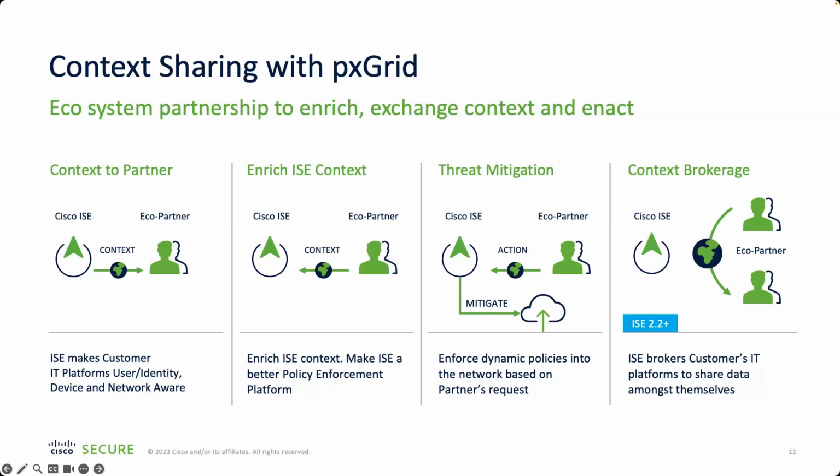On this slide, we have scenarios for using pxGrid. The first and most common is for ISE to notify all subscribed applications about a new endpoint and its associated context. The second is when another security service shares information with ISE to improve its context and update policy authorization based on the new information. And the third is threat mitigation.